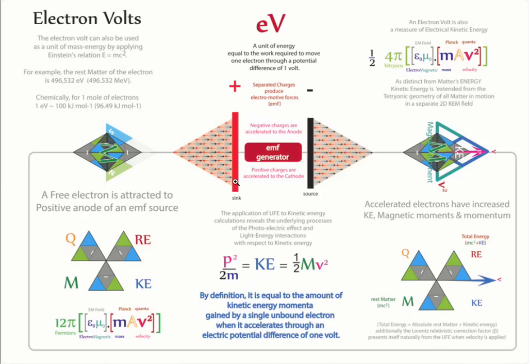We can achieve these accelerations through the use of electricity, where we simply separate charged fields or charged geometries, in this case two plates. We can do this in batteries or using a generator where we convert rotational work into charge and separate those charges.